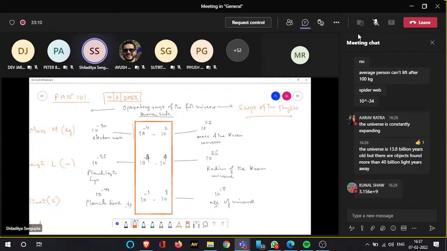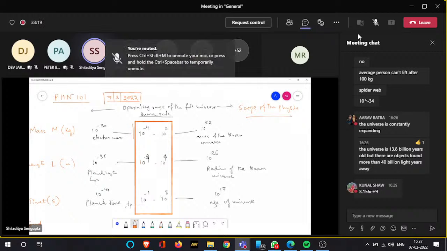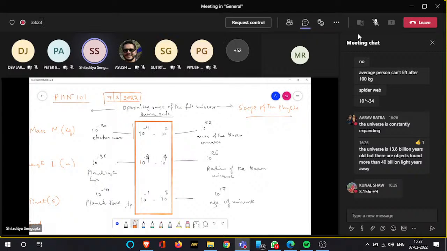As you can see, it's a vast subject, so obviously there are going to be different subdivisions. If you want to really understand anything, you have to divide it and then understand each part. We're going to come to that in a moment.